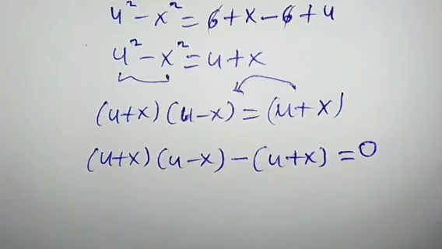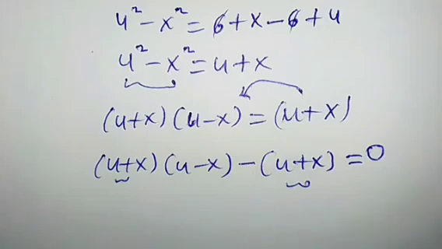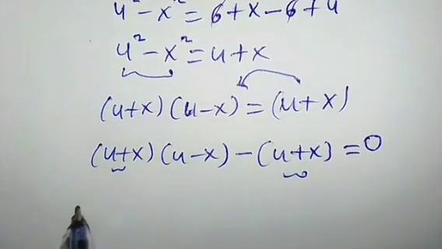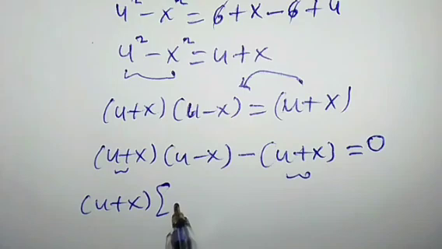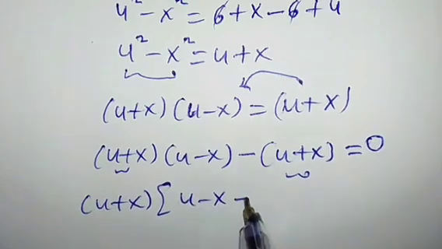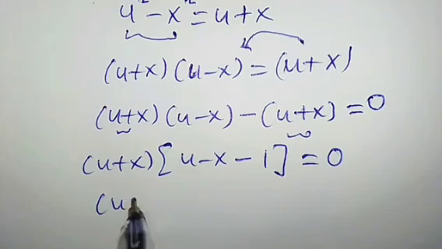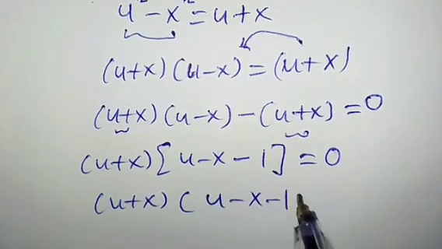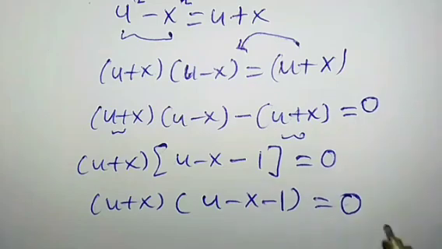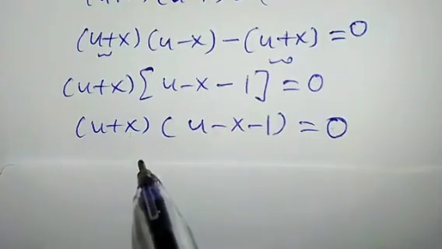What do you notice here? You will notice that u plus x is common. We can factor it out, so we are going to have u plus x into u minus x minus 1 equal to 0. Let's proceed further. Let us divide both sides of this equation by u plus x.